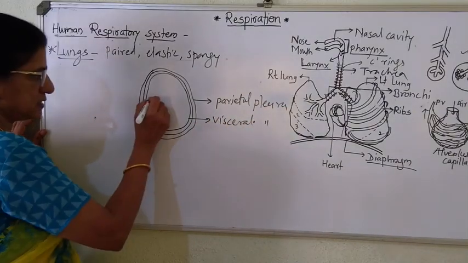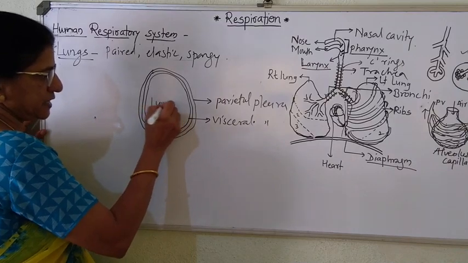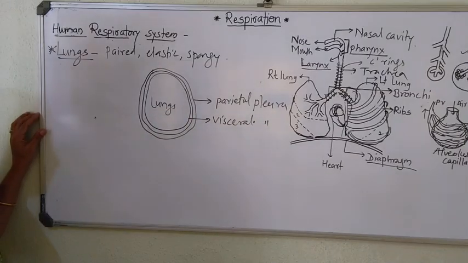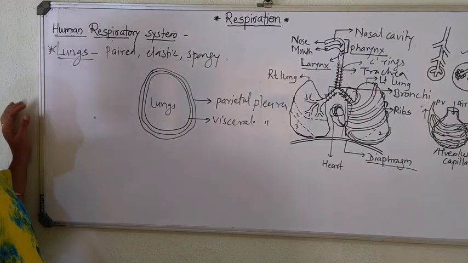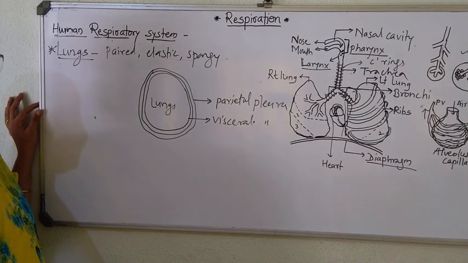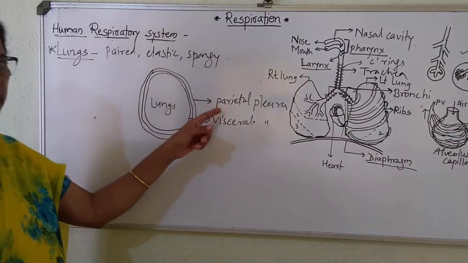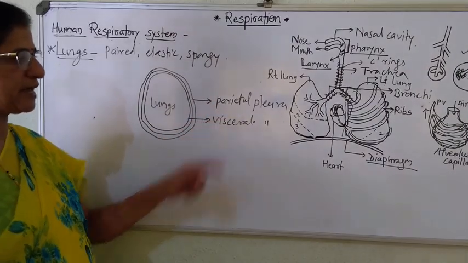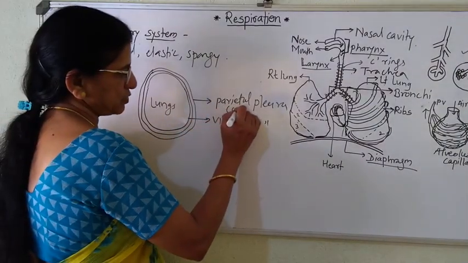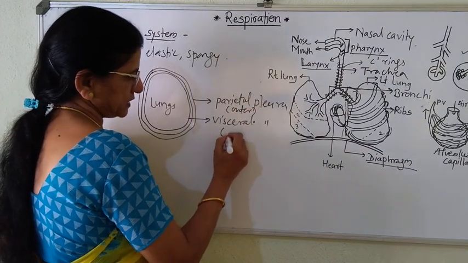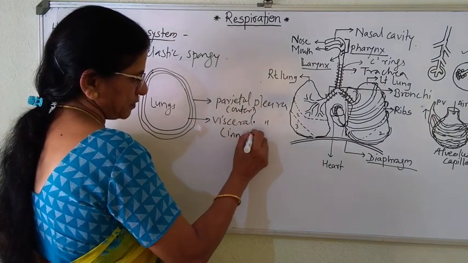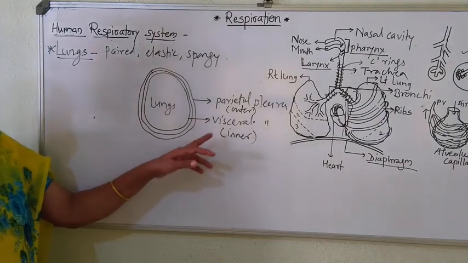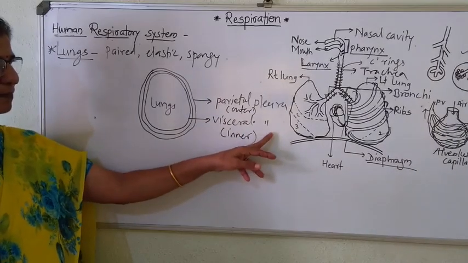The lungs are externally provided with protective elastic coverings known as pleura or pleural membranes. This pleural membrane is double. Outer is known as parietal. This one is outer and this one is inner. Inner one is known as visceral pleura.